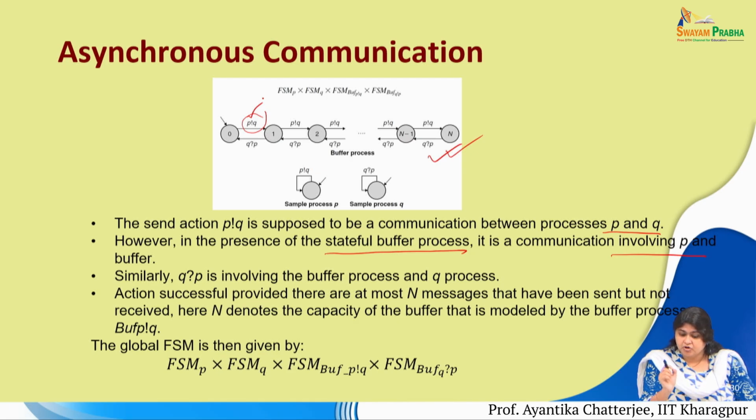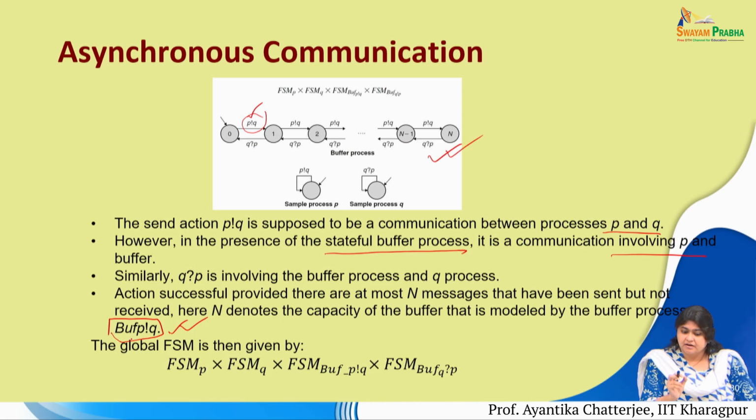For that, we also need to incorporate some action level for the buffer. Here, this defines the action level for the buffer, whether we are buffering the communication from P to Q or Q to Q, etc.